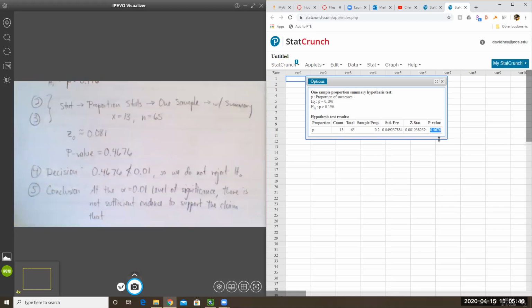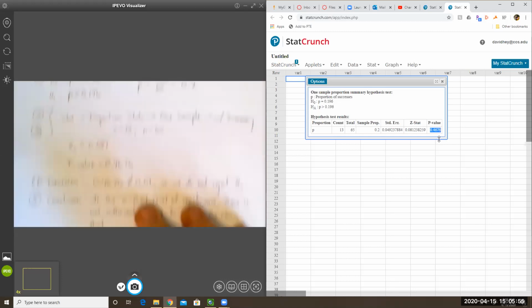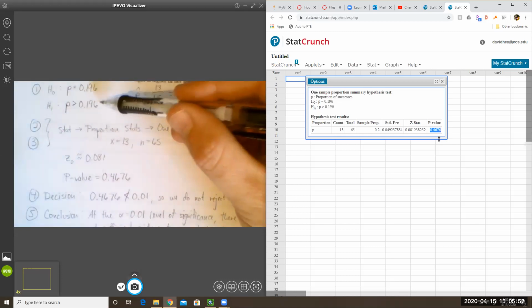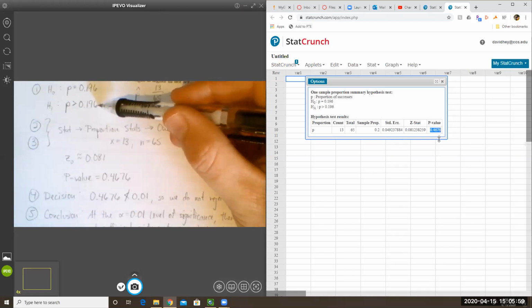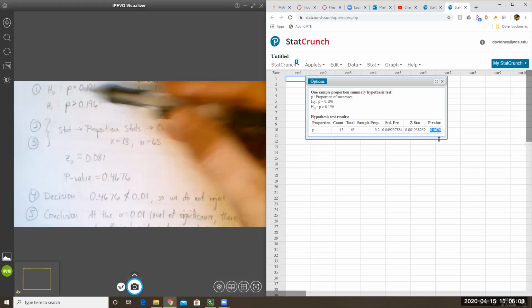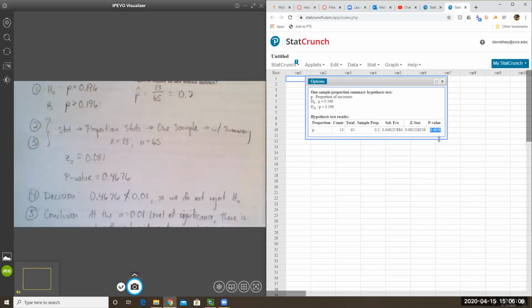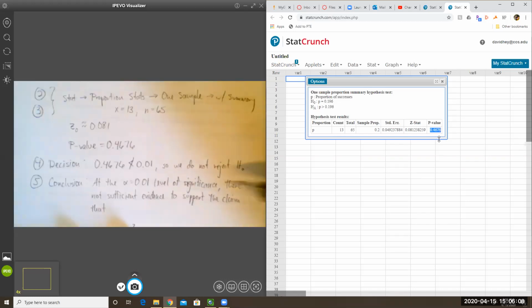Well, what is the claim? There's not enough evidence to support the claim made by the nurse. There's not sufficient evidence to support the alternative hypothesis. So there's not enough evidence to say that the proportion of overweight students is higher in this nurse's school district than it is elsewhere. So that's what we would say.